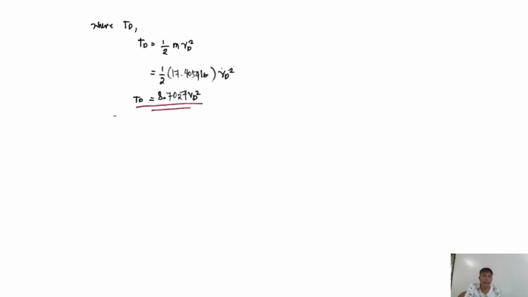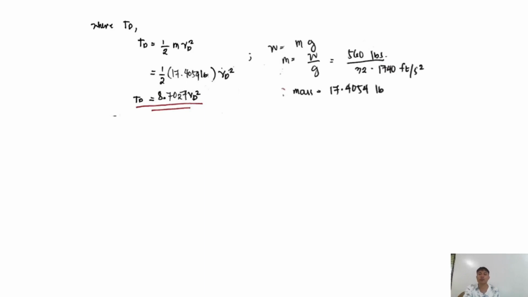So we now have VA. To calculate TD, we know that TD is equal to 1/2 m VD square. The mass m is just equal to the weight divided by gravity: 560 pounds divided by 32.2, or 32.1740 feet per second squared. So we get the mass, 17.4054.